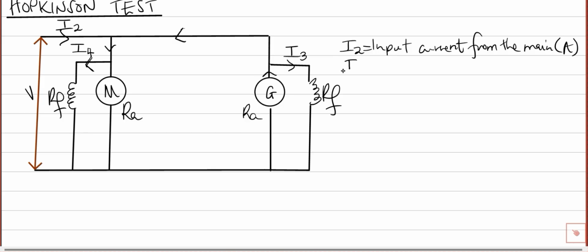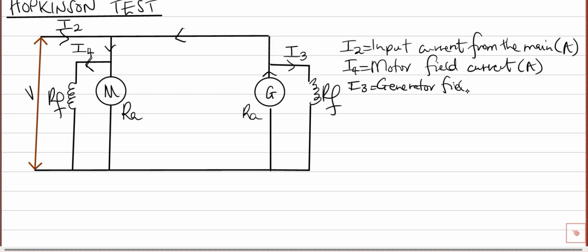So far we have I4, the motor field current, and I3, the generator field current, since it's on the generator side. Current is measured in amps.